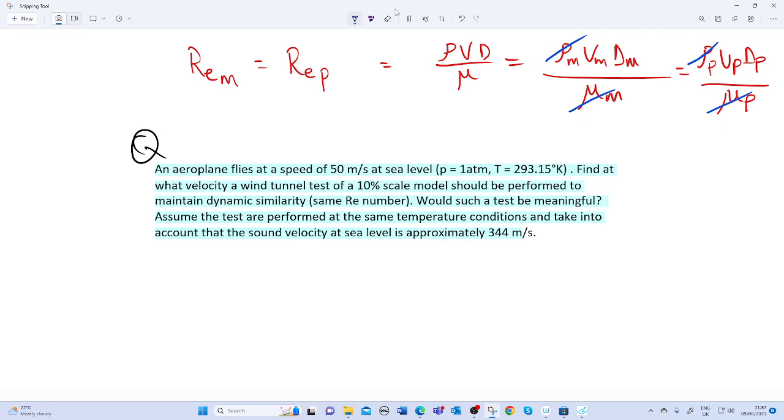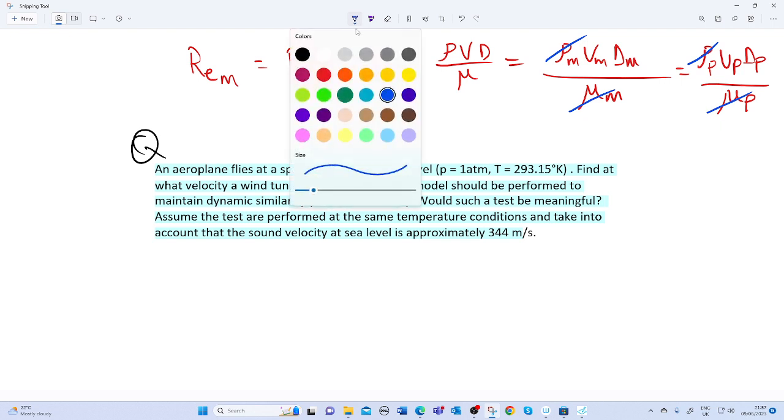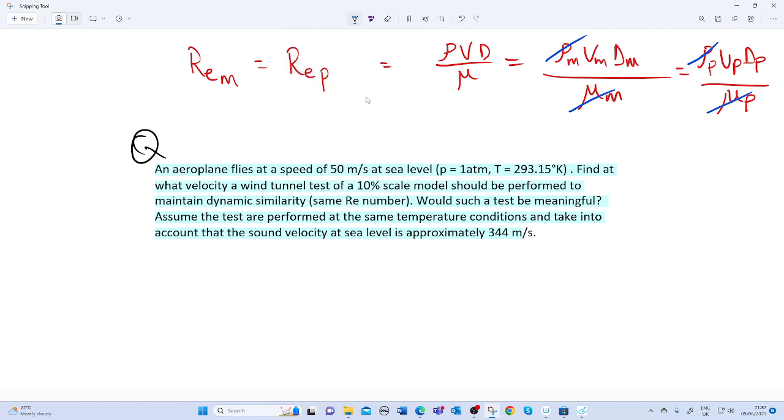So the equation becomes Vm dm equals Vp dp, and we are asked to find the velocity for the model which is in the wind tunnel.